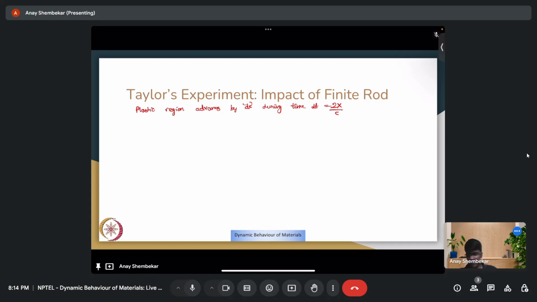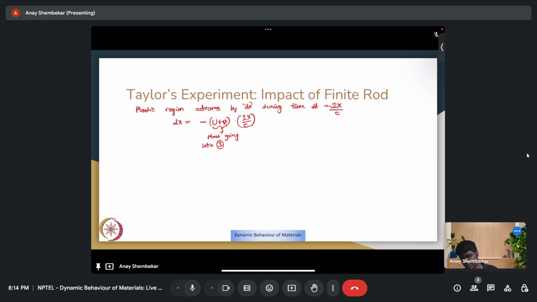So we have dx is minus of u plus v, which is the relative velocity of the material on the left-hand side moving into the elastoplastic interface I, times the time, which is 2x by c.